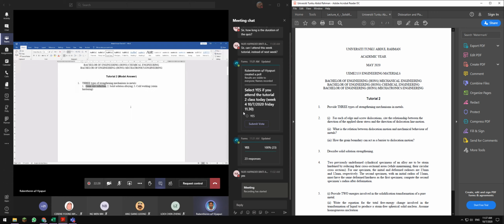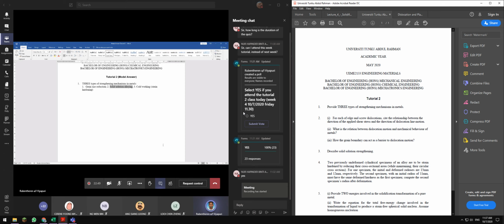Another strengthening mechanism is solid solution alloying, where you add solid impurities into the atoms of the alloy. Smaller impurity size is better because it can fill the voids, or the spaces between two atoms.